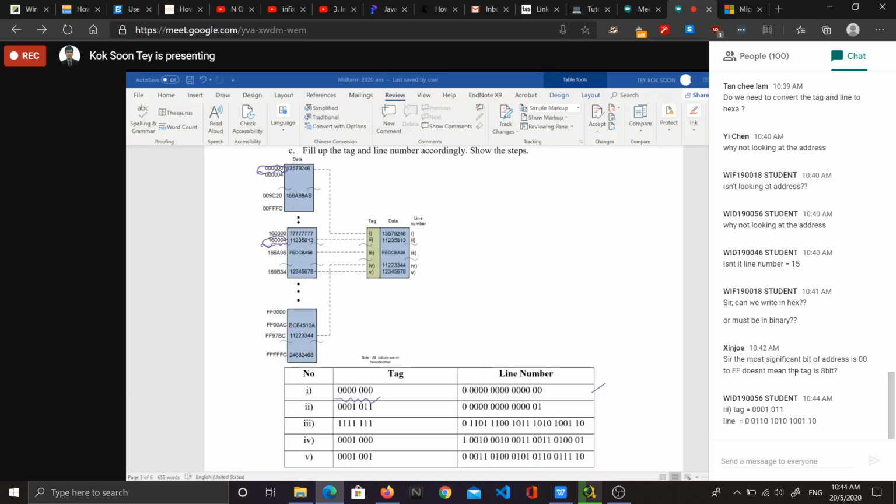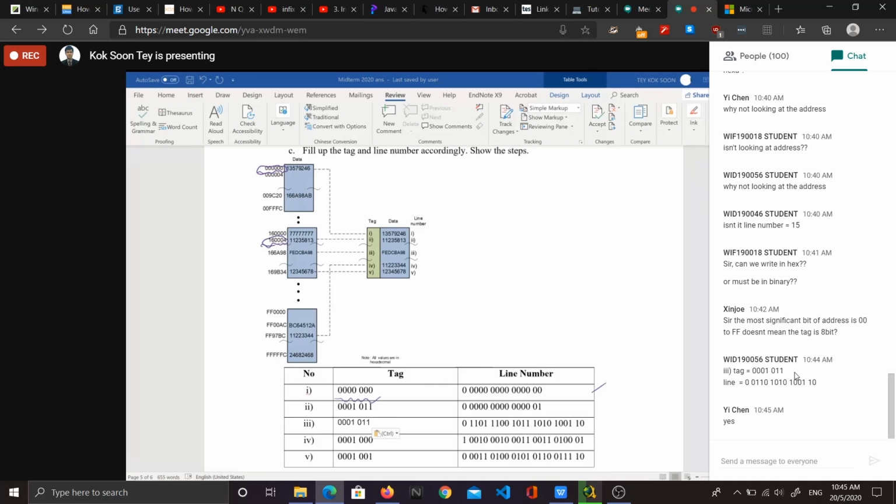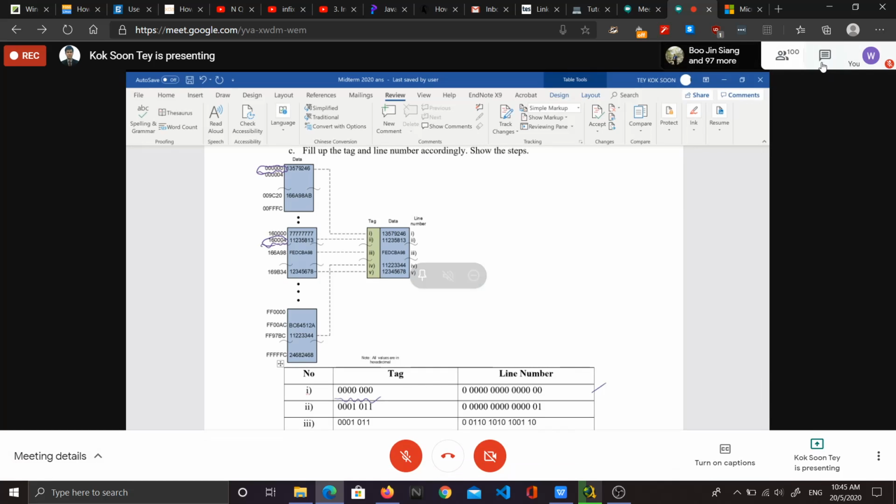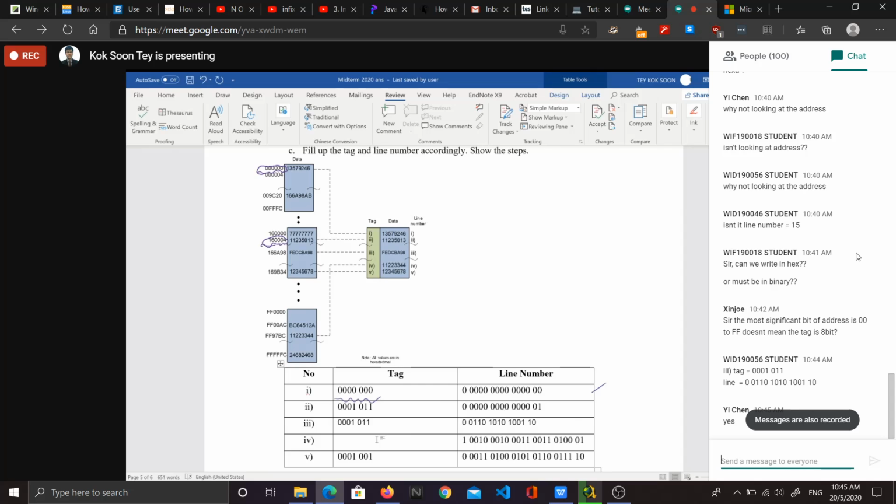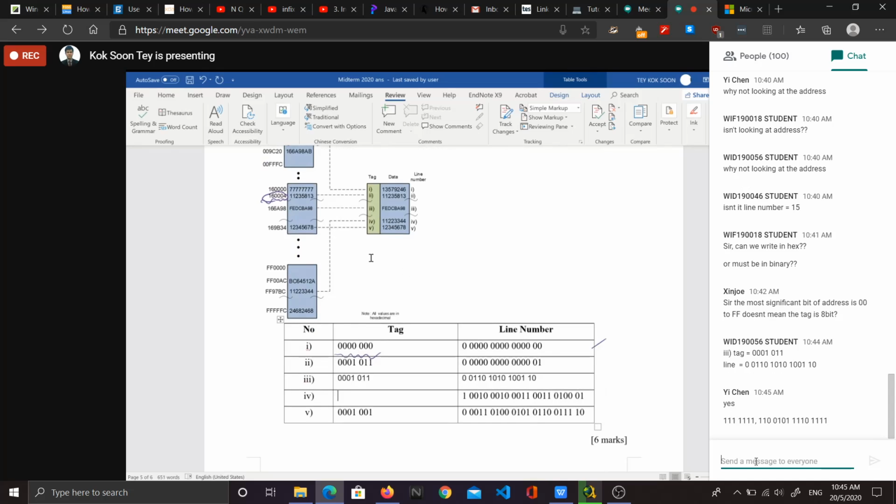For question 3, your friend gave the answer. Can you all check, is it correct? Number 4, anyone? Number 4, do you have the answer? Someone do number 5.